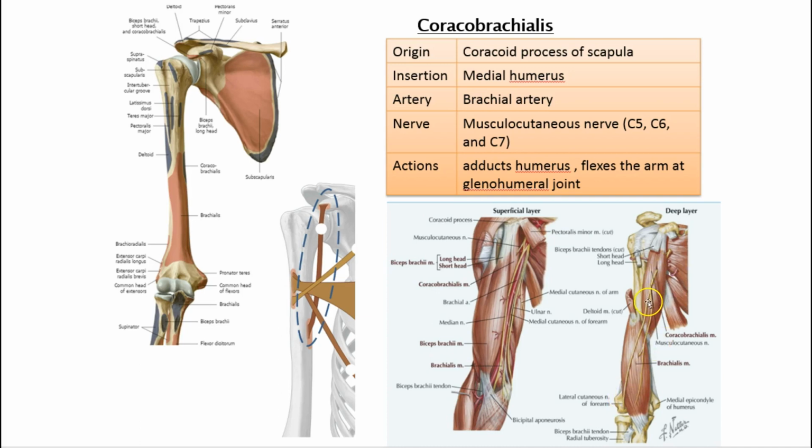So once it's done innervating all three muscles, the nerve becomes the lateral cutaneous nerve of the forearm, or the lateral antebrachial cutaneous nerve, and it's going to serve cutaneously the lateral forearm.